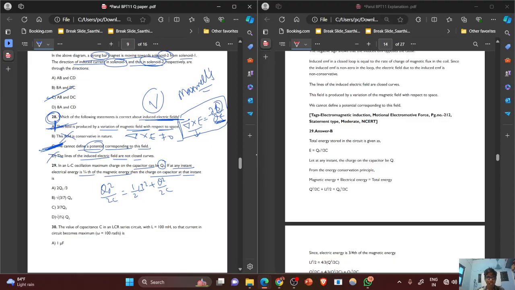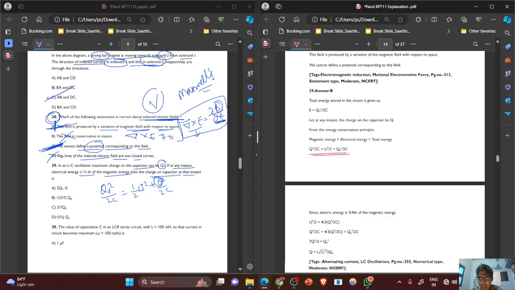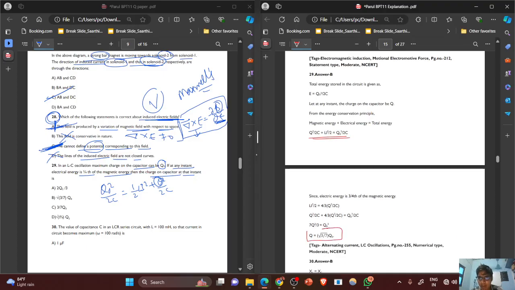From here we can get the value of Q in terms of Q naught. Doing the calculation, the value of Q comes out to be the square root of 3 by 7 times Q naught, the whole root in this way. B is your correct answer.